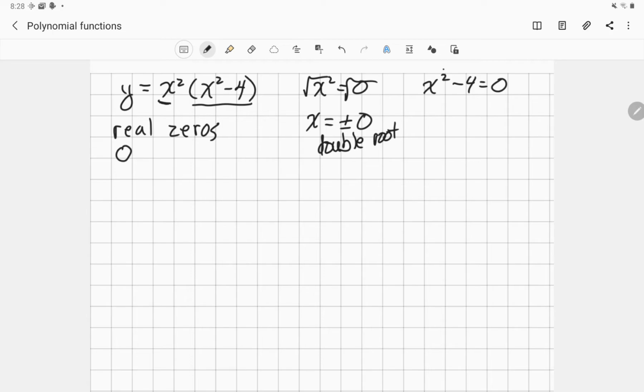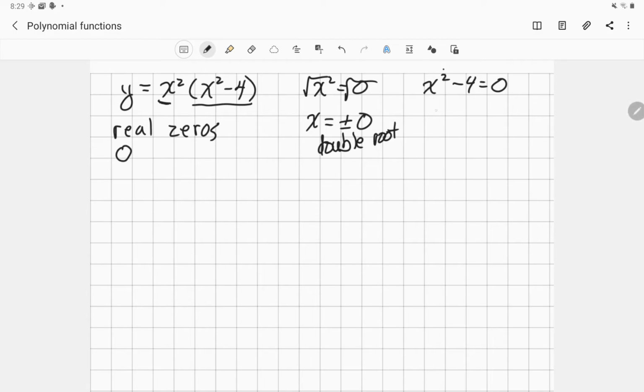What that means in terms of the picture is that at 0, the graph is going to do what I call bounce off of the x-axis. That's not a technical math term. That is a Mrs. Gotro way of saying it. So if you say that to another math teacher, they're going to look at you like you're crazy. But I'll explain what I mean by it will bounce.